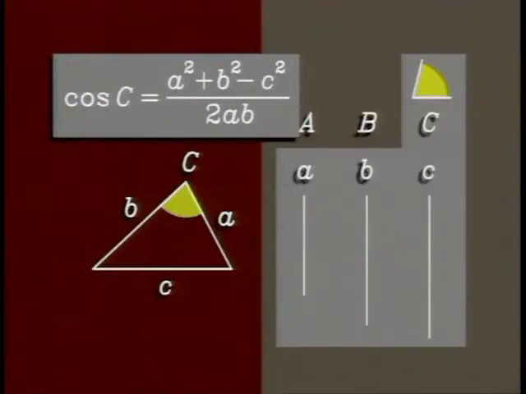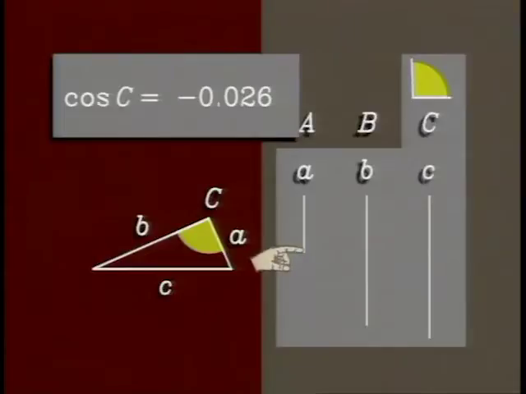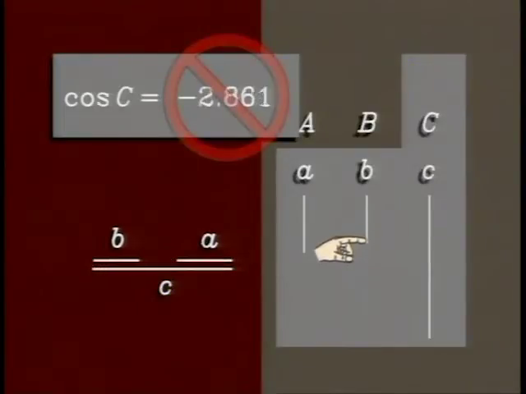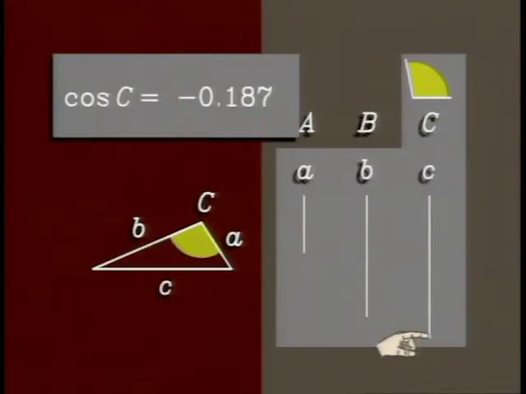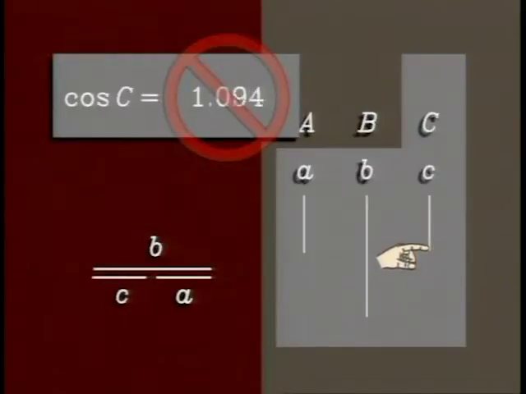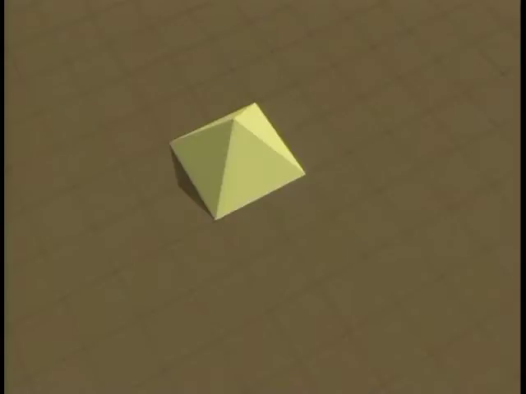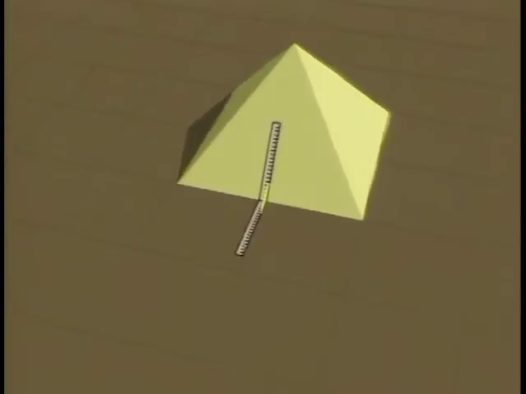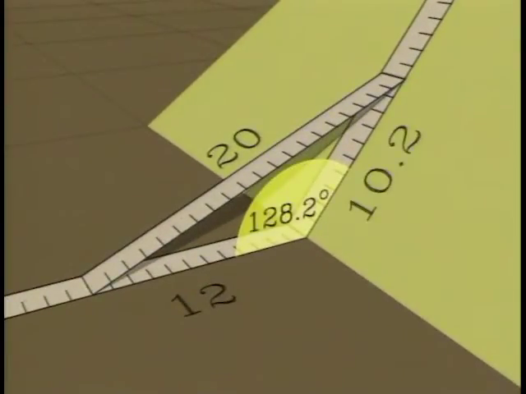The cosine of an angle is a number lying between -1 and +1. So if you get a value for cosine C outside this range, that means there's no triangle having those 3 sides. This way of determining angles is especially helpful when use of a protractor is inconvenient.